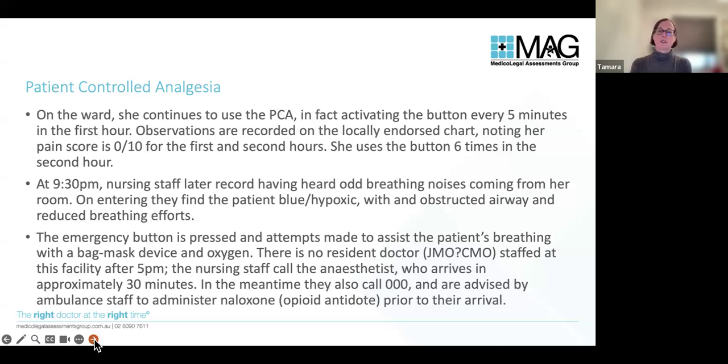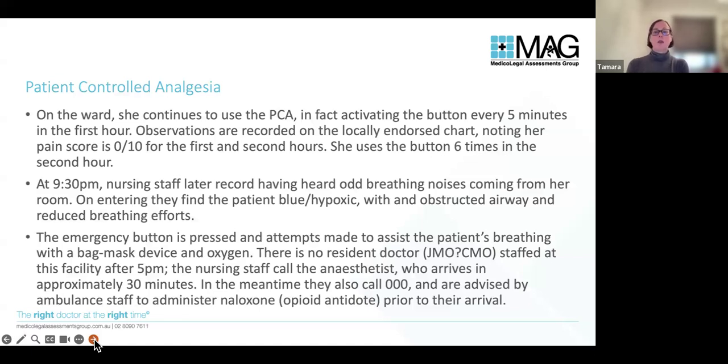In fact, the policy of the hospital is there's no junior medical officer or career medical officer rostered except between 8 and 5 during the day. The nursing staff call the anaesthetist, who's not immediately available but comes as fast as they can, and they also have to call 000 for help because they're not managing the airway well.